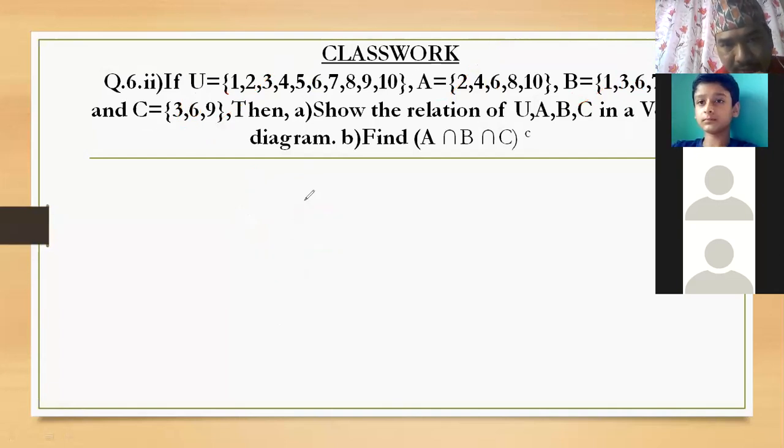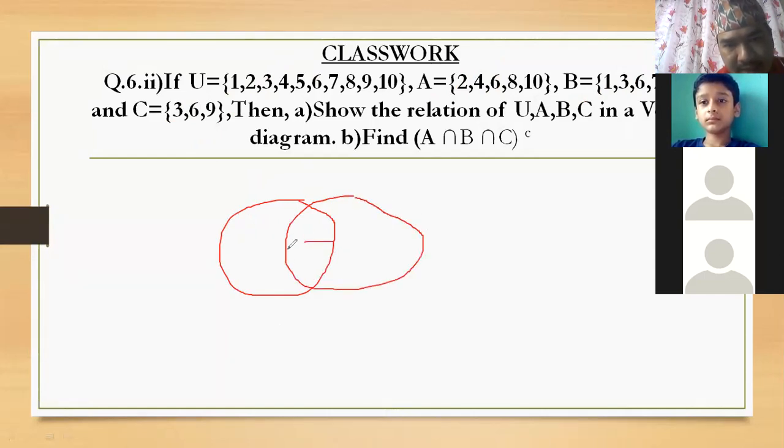Okay. Look here. This is set A. And this is set B. And this is set C. Okay, children. We have already plotted there. We have already plotted the 6, this common of all.